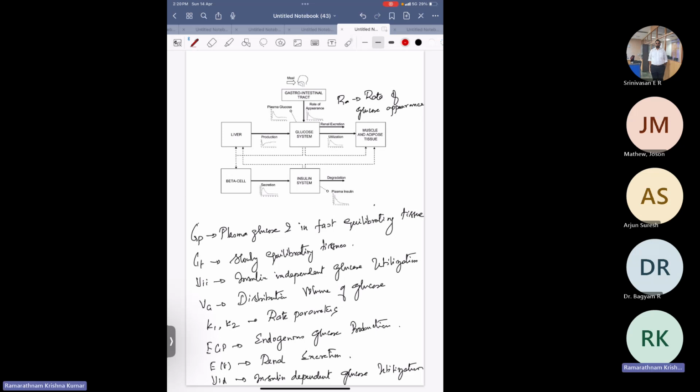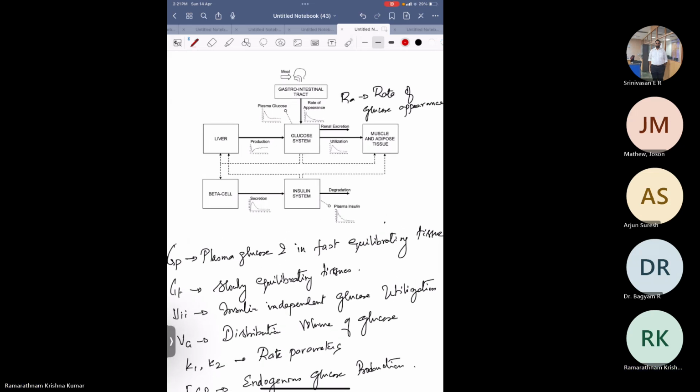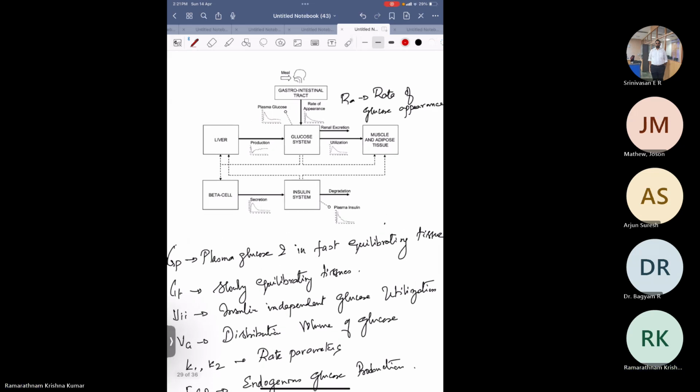So what we are looking at is that there is an intake, which is called a meal, either oral.